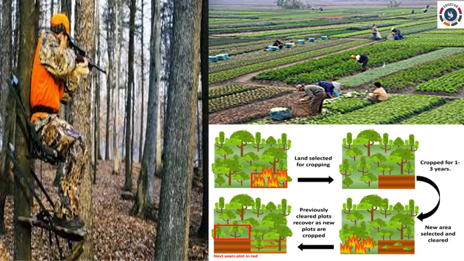In shifting cultivation, the tribes clear a part of the forest by burning and then plant crops in that area for 2 or 3 years. This type of agriculture is known as shifting agriculture. When the soil loses fertility and stops growing crops, the farmers then choose a new area. It is known as shifting cultivation.